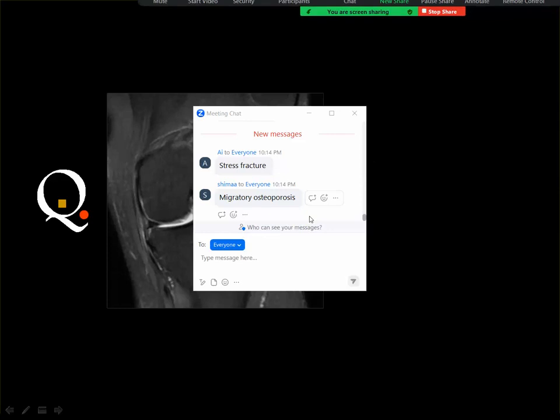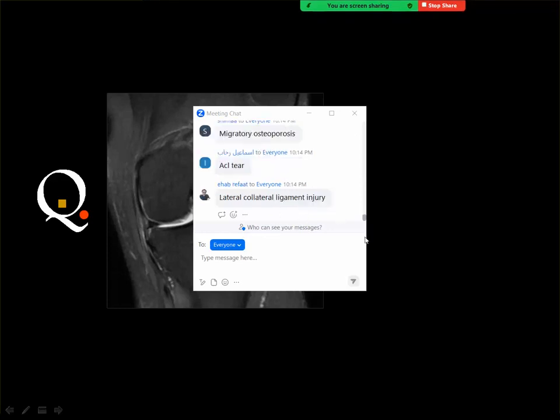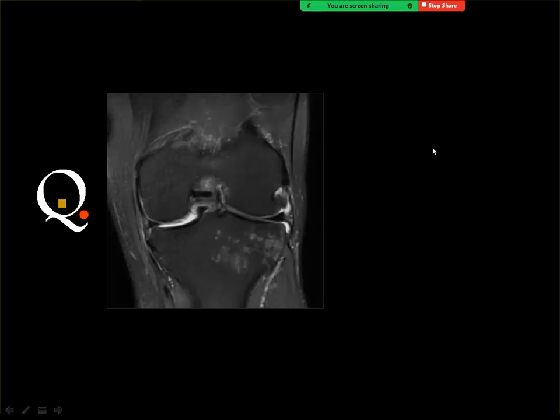No, this is not migratory osteoporosis. The edema is not that big, and it is also not an ACL tear nor a lateral collateral ligament injury.